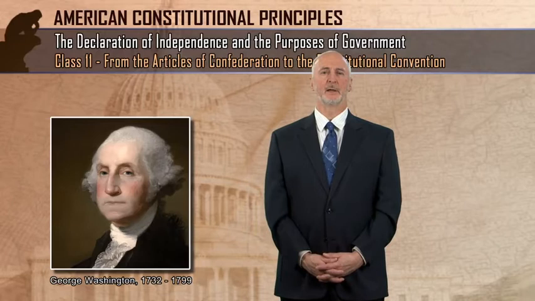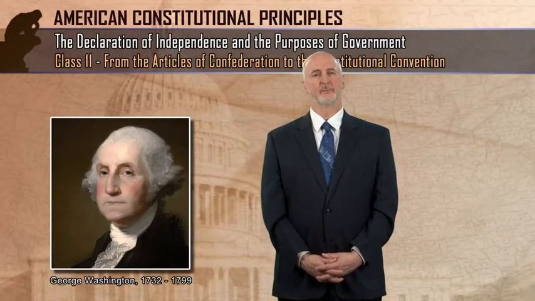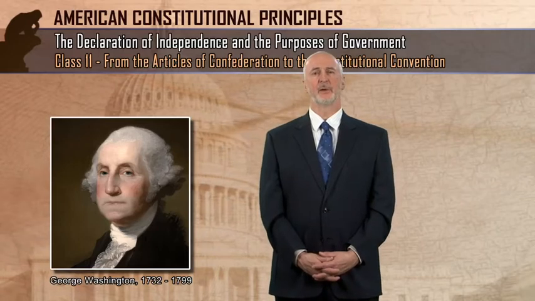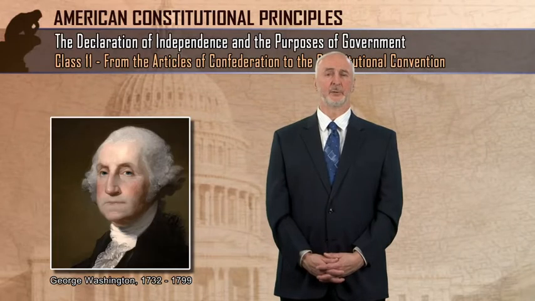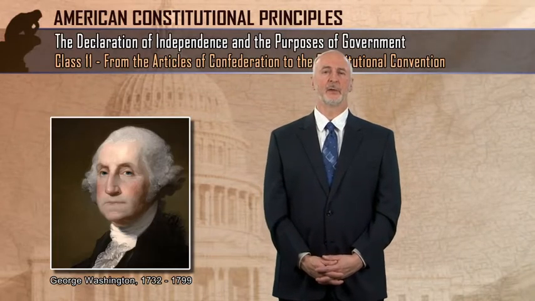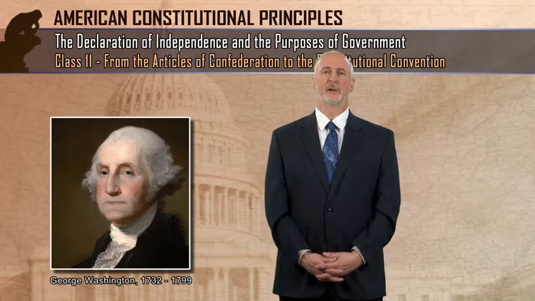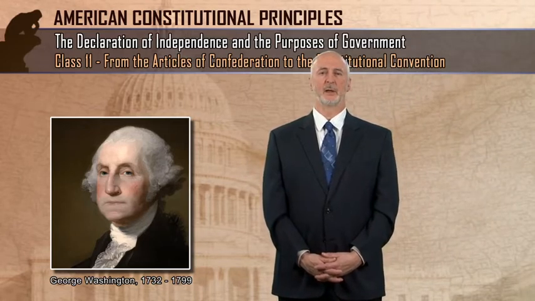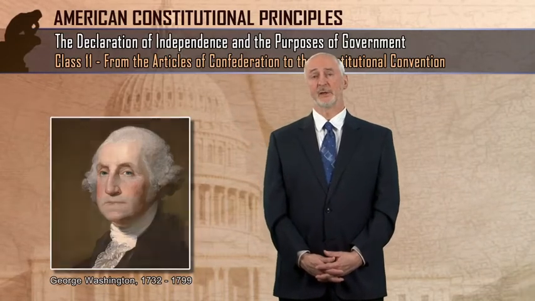We look back now and we see Washington becoming president after the Constitution's ratified and serving 2 terms, voluntarily retiring and dying soon after that. And we, in some ways, take for granted the fact that he was willing to take the office and then to give it up.